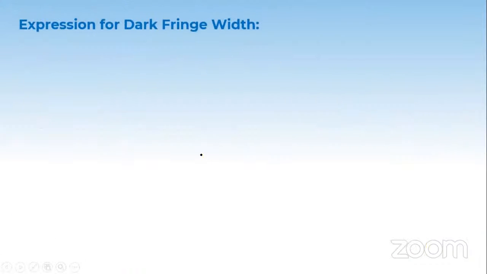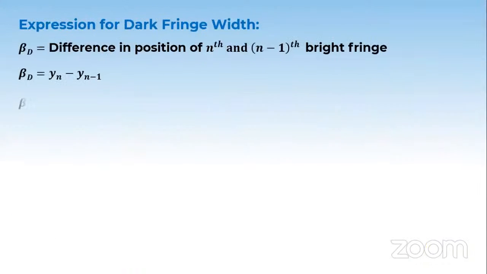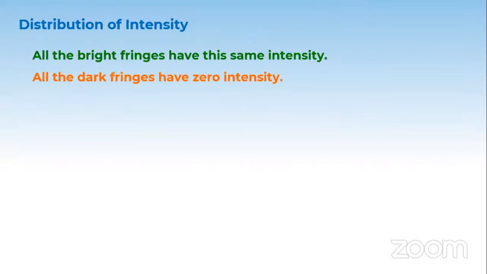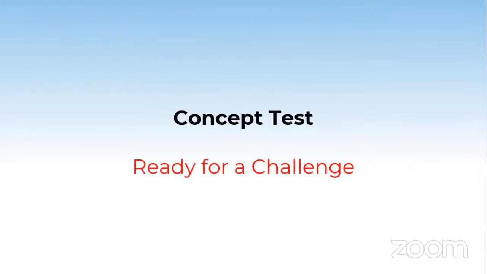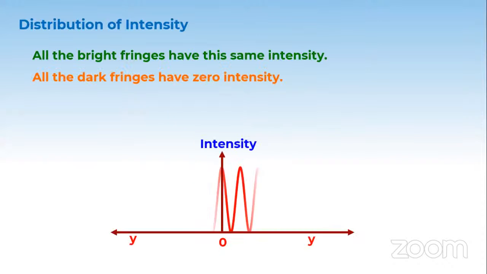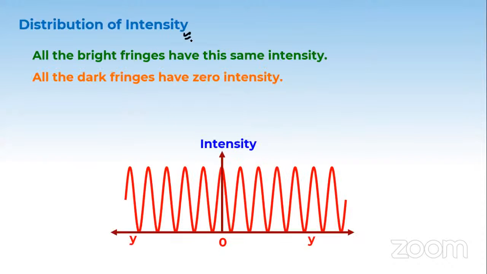Students, in the next class, again, the dark fringe expression, if you see, is the same. In the next class, let's look a little at the distribution of intensities. Remember, in Young's double slit experiment, if there is no diminution, the intensity is the same everywhere.